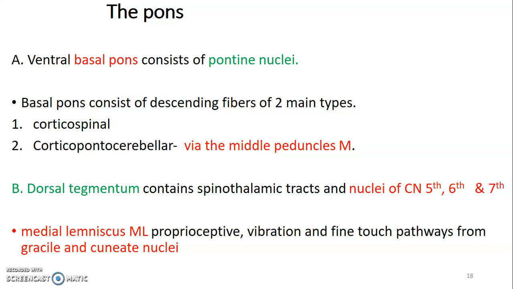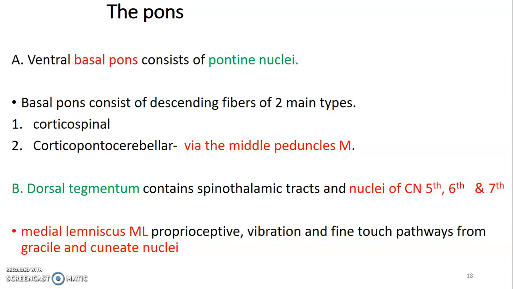Then the dorsal part of the pons is called the tegmentum, and it mainly contains spinothalamic tracts that are carrying pain and temperature information, and also contains the nuclei of the trigeminal, abducens, and facial nerves. We also have in the dorsal tegmentum of the pons the medial lemniscus. Remember, the medial lemniscus is just the dorsal column tract, carrying proprioception, vibration, and discriminatory touch through the fasciculus gracilis and fasciculus cuneatus.